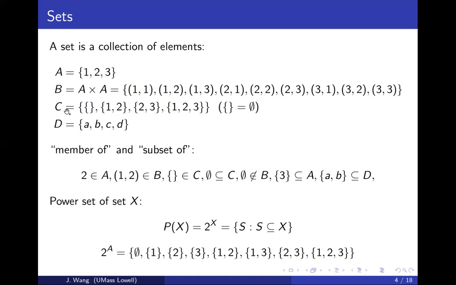Okay, so in this set C, its elements are also sets. Okay, so these are subsets of A. Again, curly bracket without anything in it represents there isn't anything in that set. So we call it empty set.